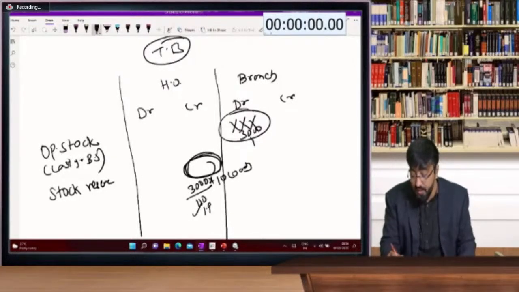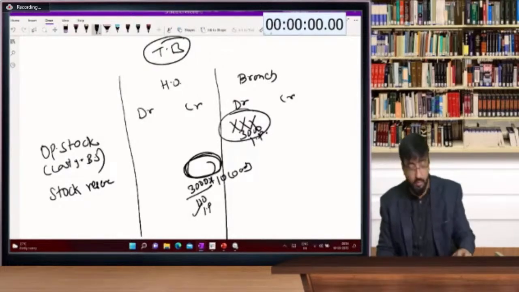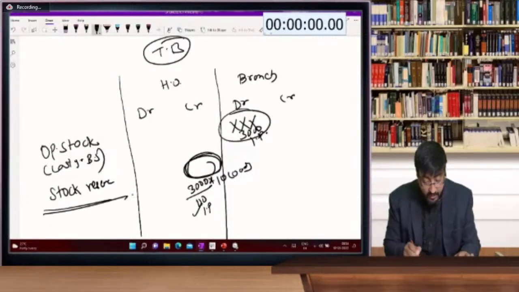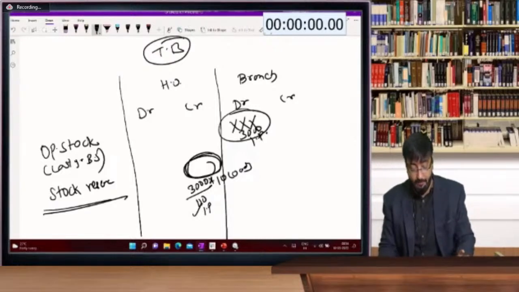Now this is the invoice price. Invoice price is 110. So this is the example. Who is cancelling this loading? So HO will cancel this loading and will give the effect of stock reserve. So stock reserve is the concept.